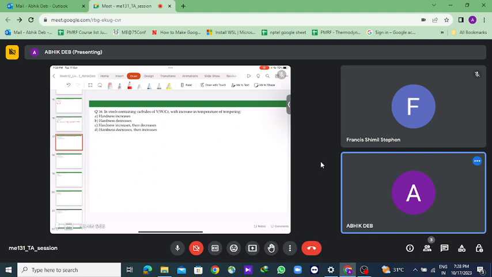Suppose this is the hardness, and hardness and toughness are both shown here, and this is temperature. The hardness with temperature will decrease like this, and the toughness will increase like this.